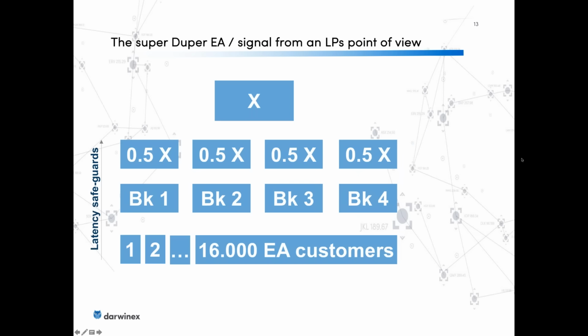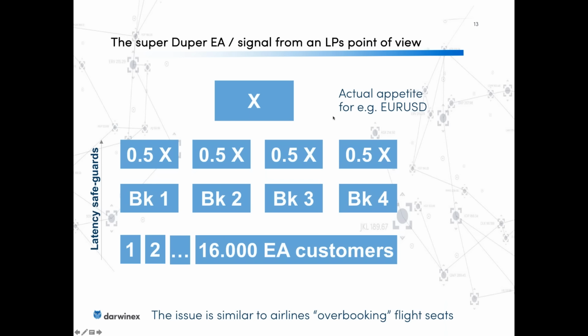And now we get to something else, which is the nature of liquidity aggregation. I need you to put yourself in the shoes of a liquidity provider. Say you're JP Morgan, and your current appetite for euro dollar, long or short, is X. So your balance sheet allows you to take up to, say, 20 million of risk.